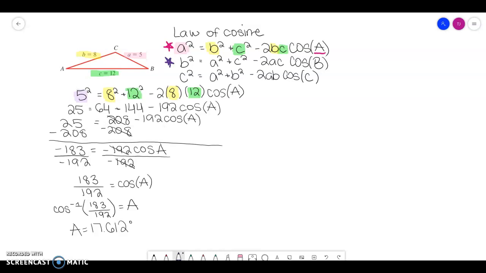I'm going to start off the exact same way, plugging in my values for A, B, and C. So B is 8. A is going to be our 5. We'll replace both of those A's with 5. And C is still 12. Nothing changed. I've just got to plug it into my formula.